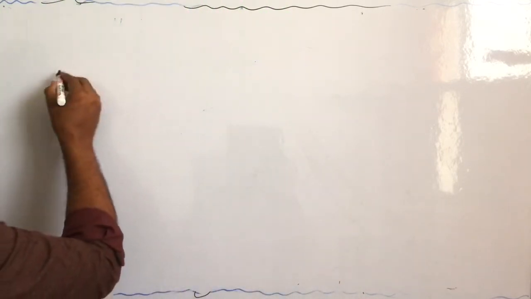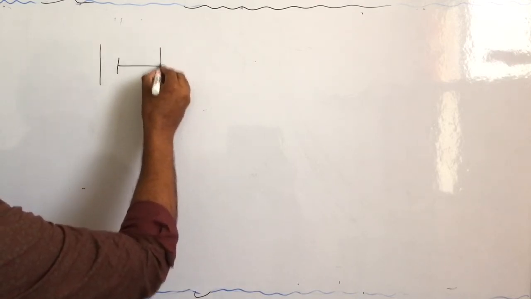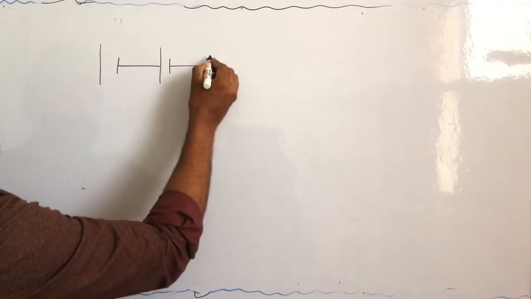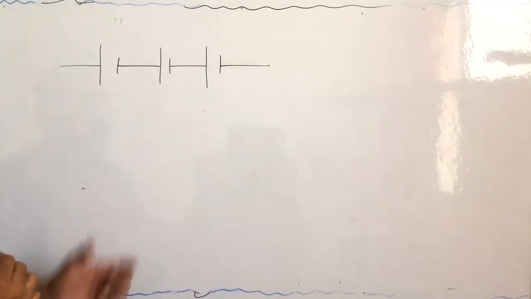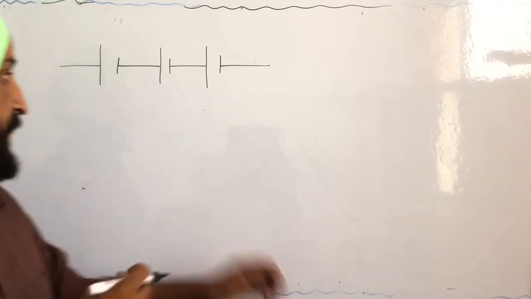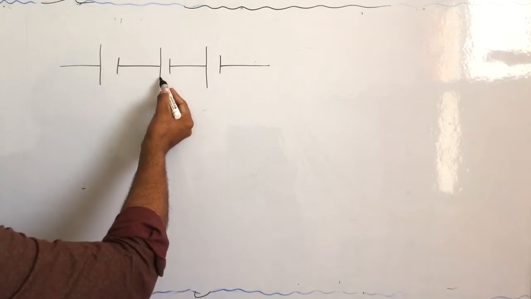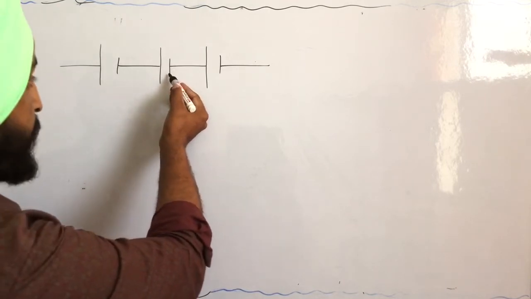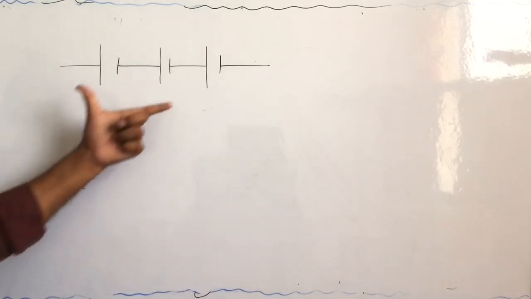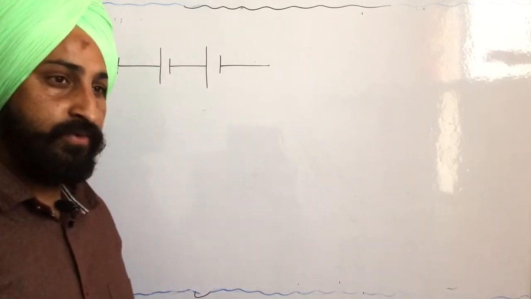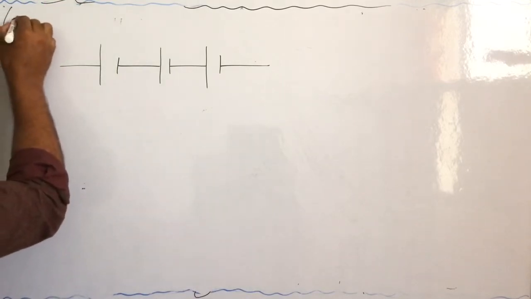Now let us connect the batteries in this order. Like we have three batteries, they are connected in this manner. Negative of one battery is connected with the positive of the second, negative of the second is connected with the positive of the third. So when the connection is in such a way, we call the connection to be in order.